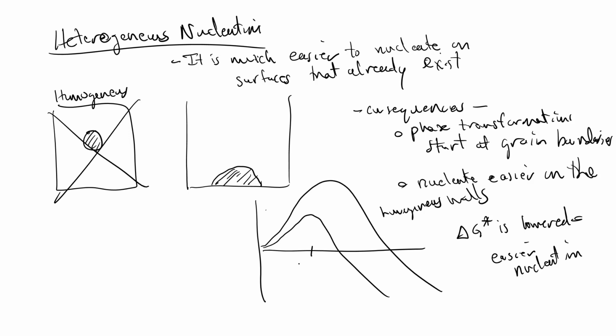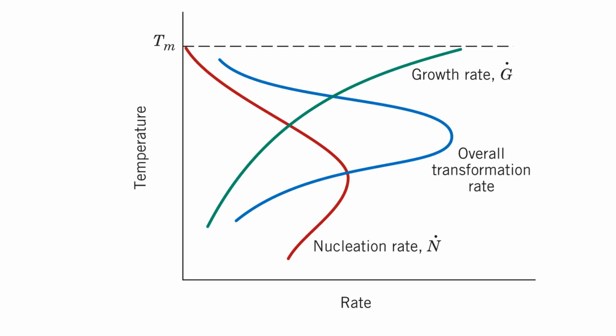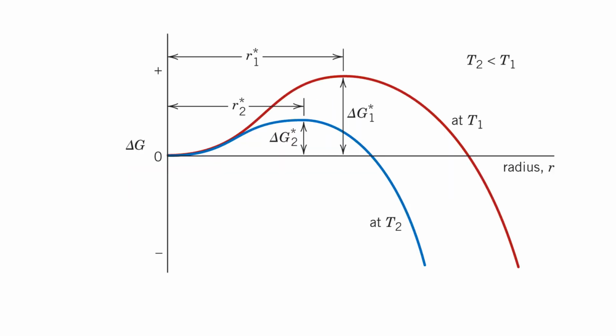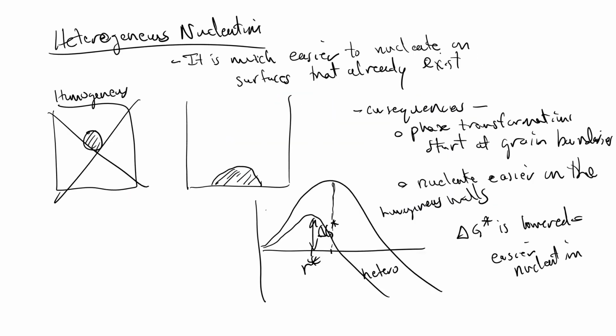One, you can see that the critical nucleus size is smaller and our delta G star is smaller. This is hetero. Here, for homogeneous, r star is much bigger and the energy I've got to get over is much bigger. So what that figure is showing is that it's easier to nucleate heterogeneously.